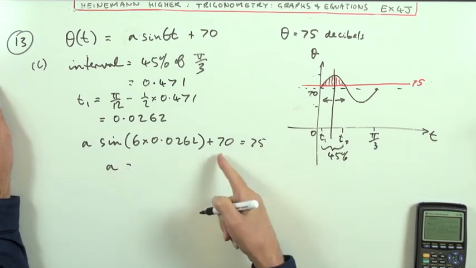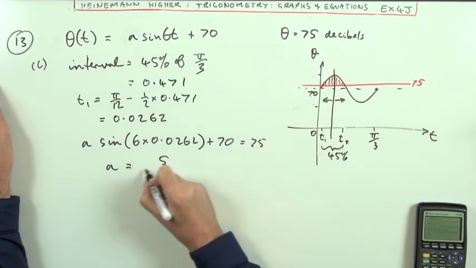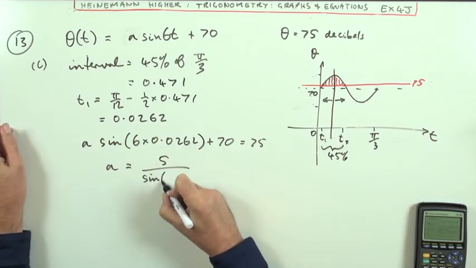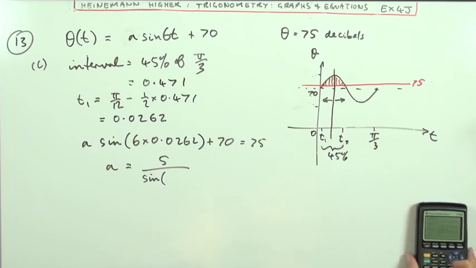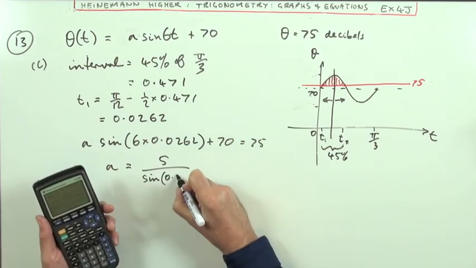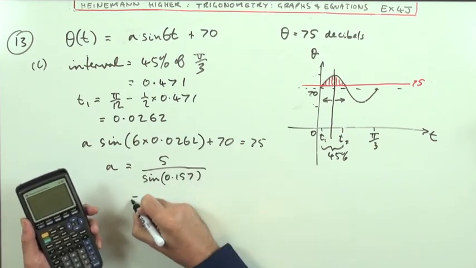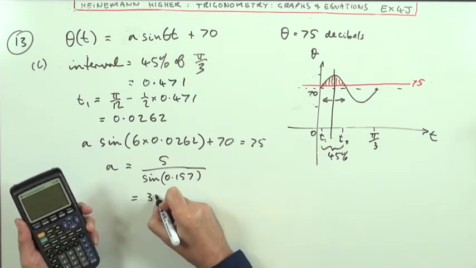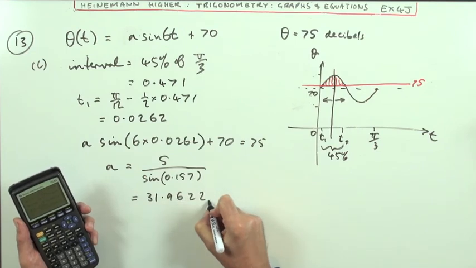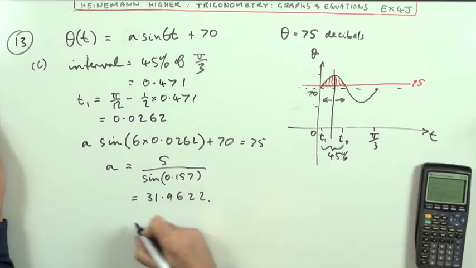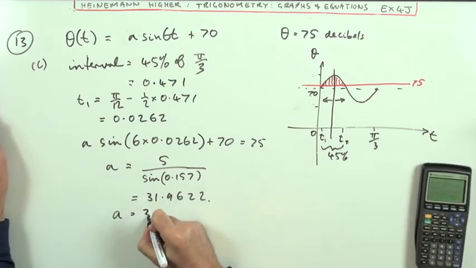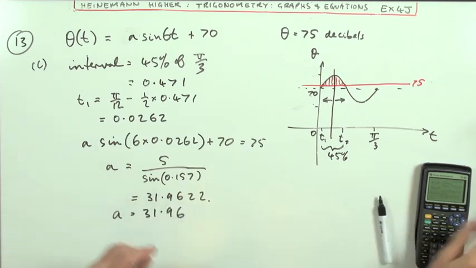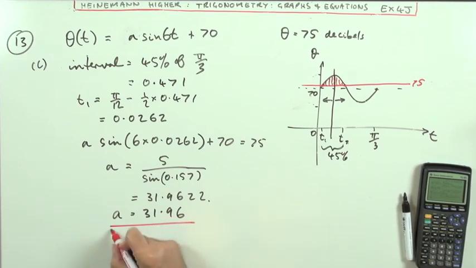So that means A should be 5, after taking the 70 away, divided by sine of whatever that comes to, 0.157 I'll call it. And that comes to 31.9622 and so on. So rounding that off to make it the same as the back of the book, I would have gone for 32.0, but 31.96 would be the new amplitude.